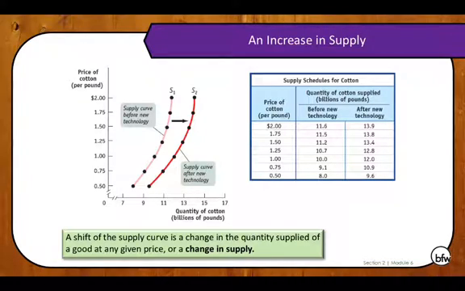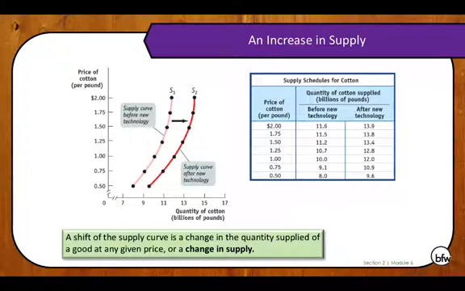If you are shifting the entire demand curve or the supply curve to the right or to the left along the horizontal axis, you are shifting and increasing or decreasing supply at every possible price, and this is called a shift of the supply curve rather than movement along the supply curve, and we refer to this as a change in supply rather than a change in quantity supplied.